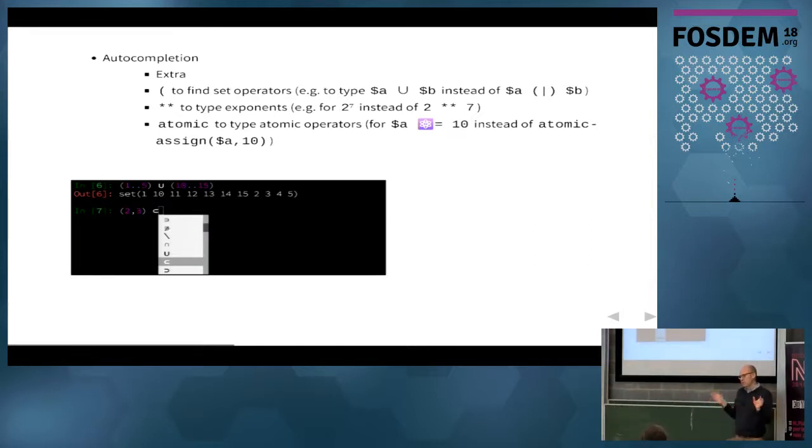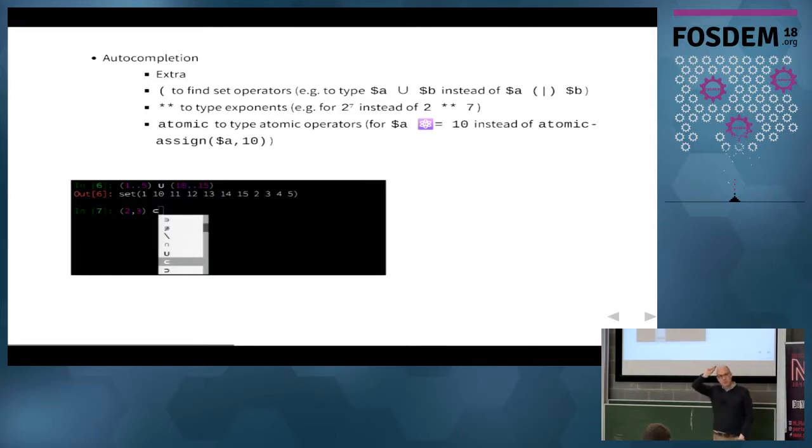If you don't like typing Unicode, there are always ASCII variants of the operators. So for instance, usually it's open parenthesis, vertical bar, close parenthesis. It's kind of like an OR for sets. That's how you do union. If you start typing open parenthesis and you press tab, you can see all the Unicode set operators. So it's very handy for typing those in.